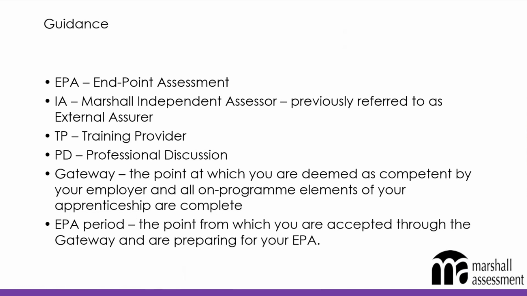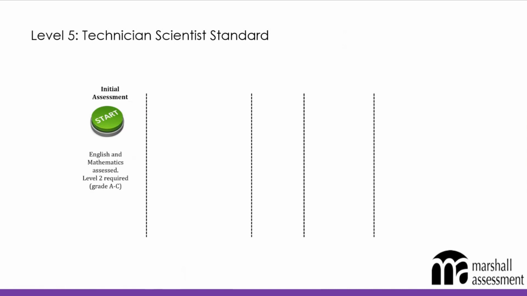Okay, so let's start right at the start then. Your journey as a technician scientist should have started, or most commonly it does, with an initial assessment. So that's in English and maths. That's a requirement from Ofsted and the Office for Students, that apprentices also develop their English and maths no matter what level they come in at, that we as training providers will also push them forwards.